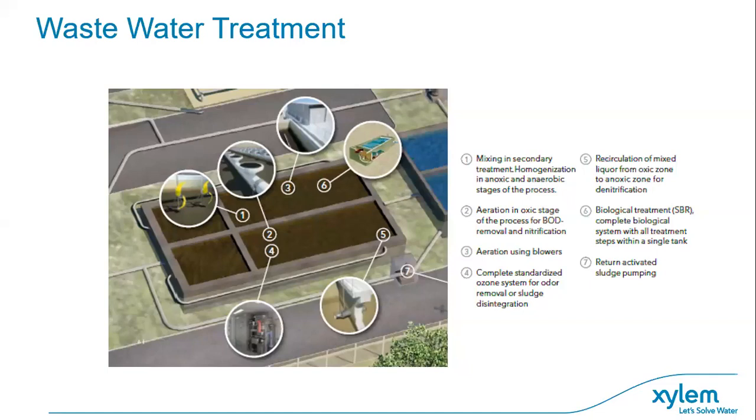We have already mentioned some different types of process step within the secondary biological treatment process. Things like SBR, sequencing batch reactors, that use a batch treatment process, aeration lanes, so conventional activated sludge processes, and oxidation ditches are three of the main processes that we see in this arena.